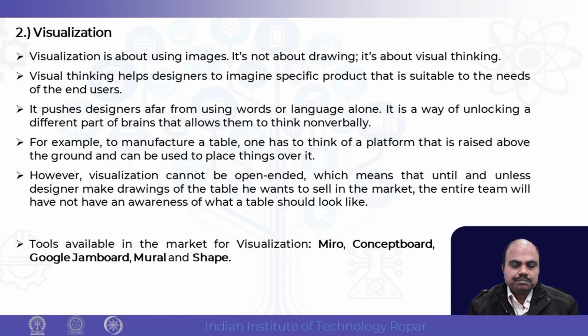It pushes designers away from using words or language alone. It is a way of unlocking different parts of the brain that allows them to think non-verbally. For example, to manufacture a table, one has to think of a platform that is raised above the ground and can be used to place things on it.